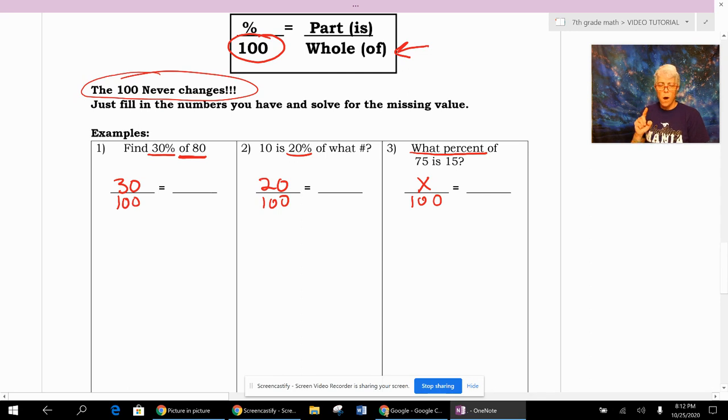So it wants to know 30% of the whole 80. So the whole goes on the bottom. They gave me the percent and they gave me the whole, so I must be looking for the part. Now, I could cross multiply and divide, but let me just show you some cool little tricks that you can do.